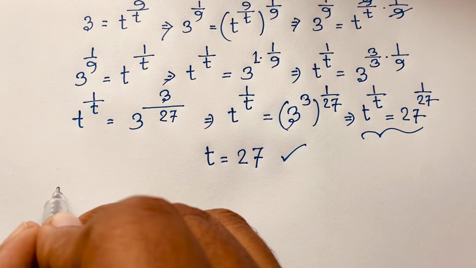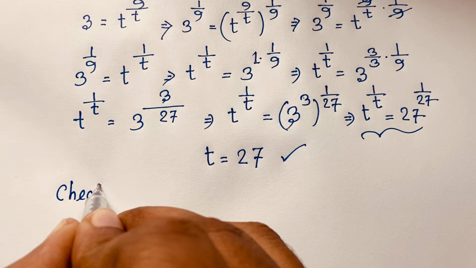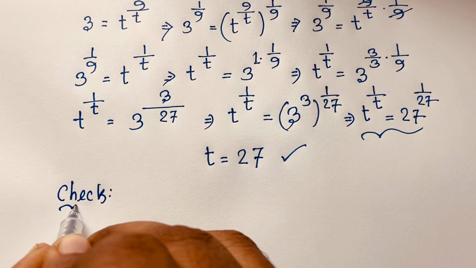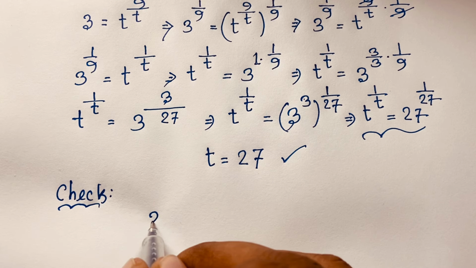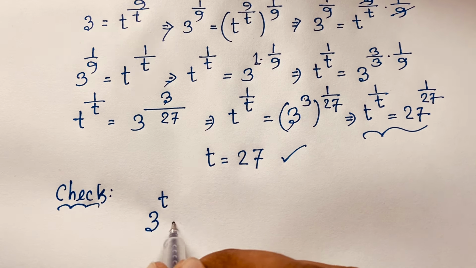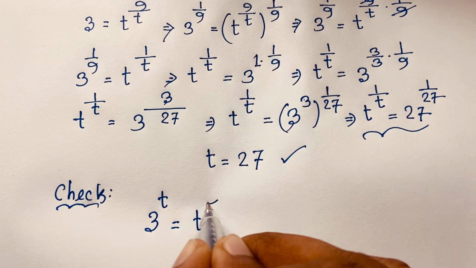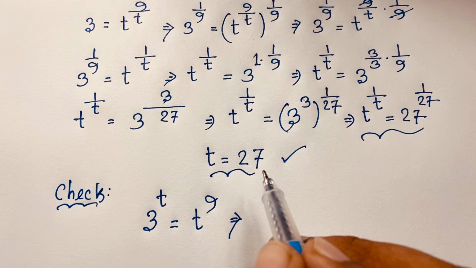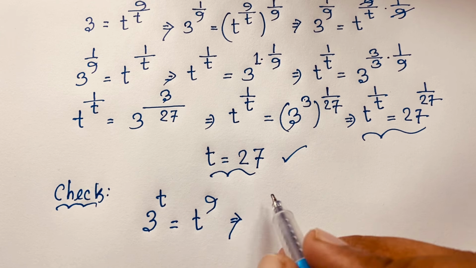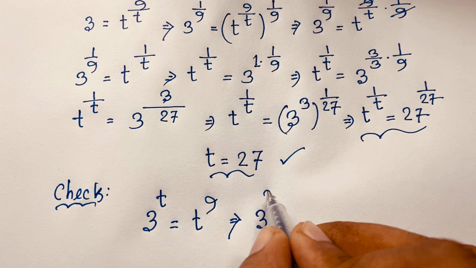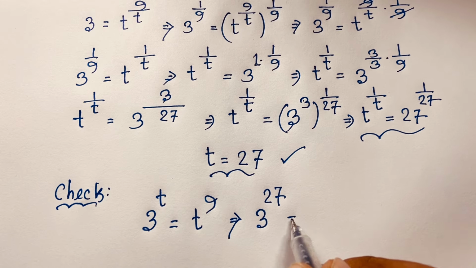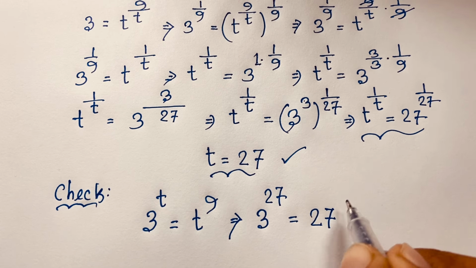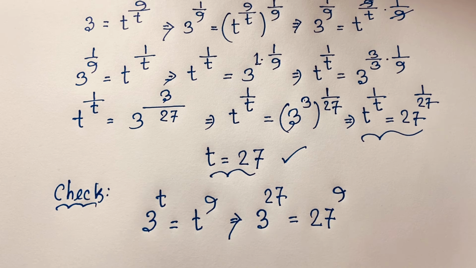Now let's verify our question, which is 3 to the power t is equal to t to the power 9. This is our question. But recall that t is equal to 27. So I take this below here. So 3 to the power 27 is equal to 27 to the power 9.